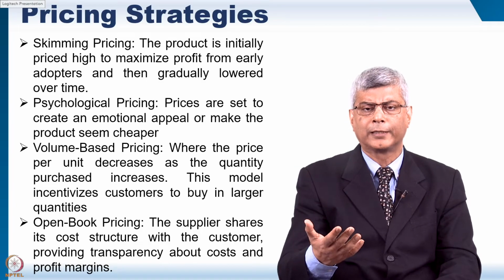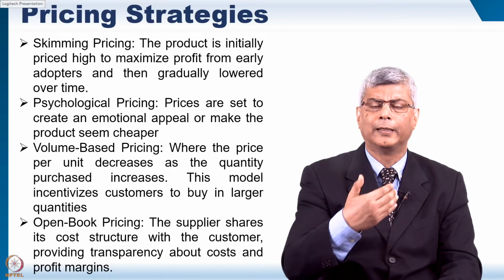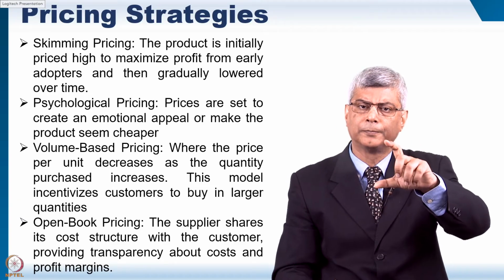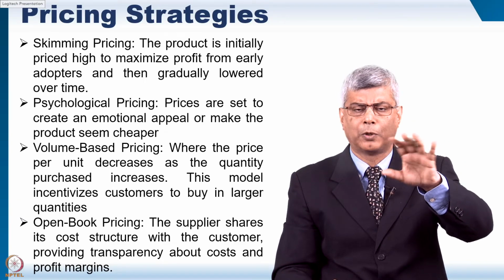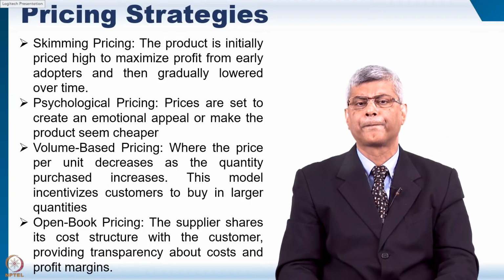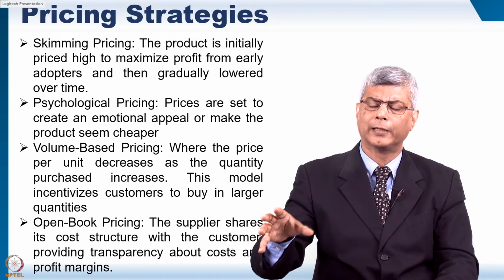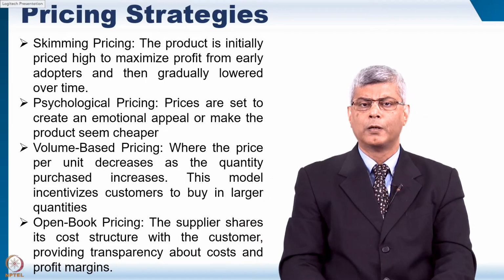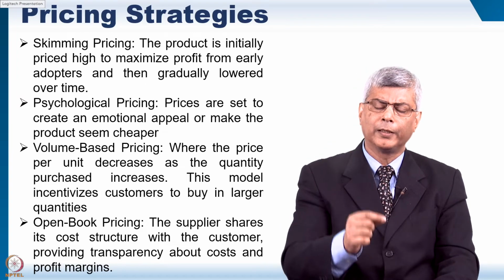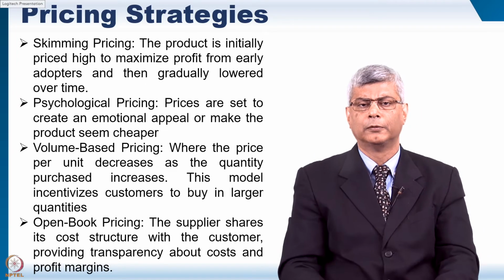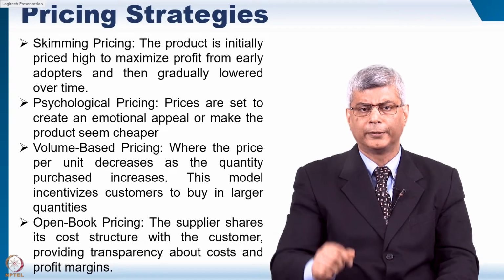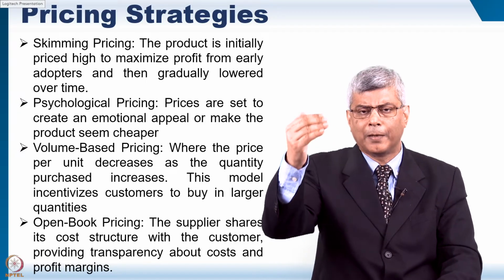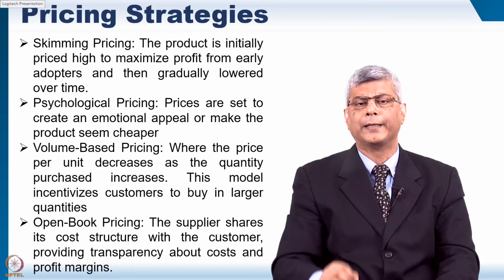Volume-based pricing, the next one, is more you buy, the less you pay per unit. So if you buy a small pack of soap, shampoo, water, beverage, whatever, or biscuits, or cookies, ice cream, wheat, rice, processed food, the per unit cost of the small size may be 100, but if you buy a larger size, the per unit cost may come down from 100 to 90.